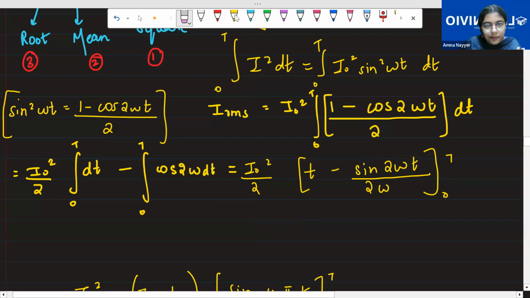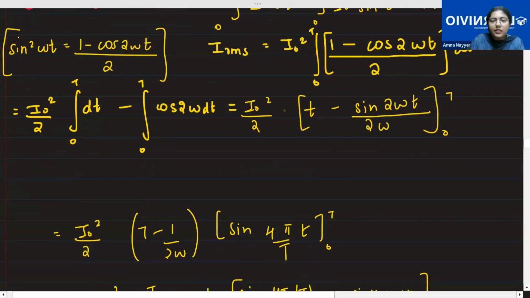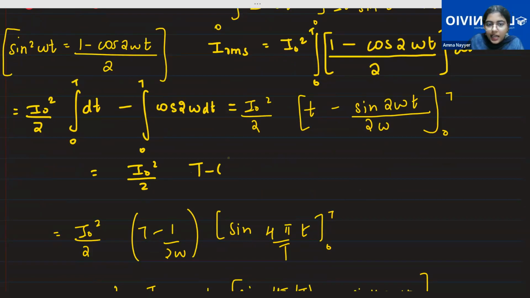Okay? Alright. So further when we put up the value, we get I naught square by 2 is there. Now capital T minus 0 would be there from here. Now we are putting the limits, and this is capital T minus 0 minus sine 2 omega.